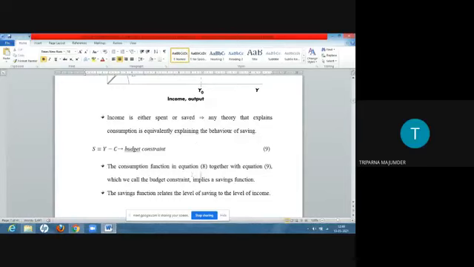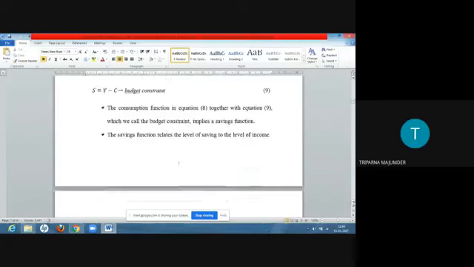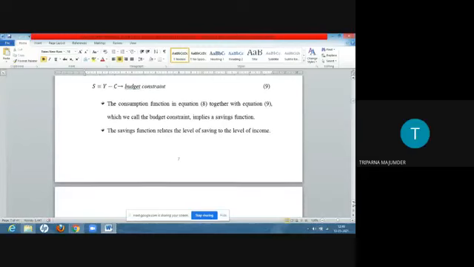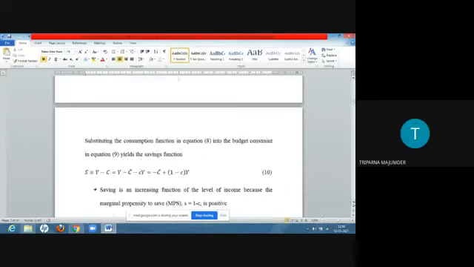The consumption function in 8 together with 9, which we call the budget constraint, implies a savings function. The savings function relates the level of savings to the level of income. Substituting the consumption function of equation 8 into the budget constraint of equation 9, the saving function is like this.